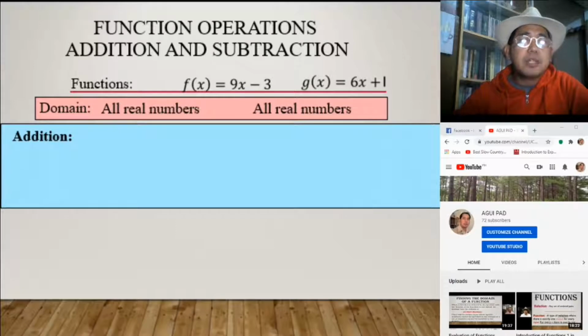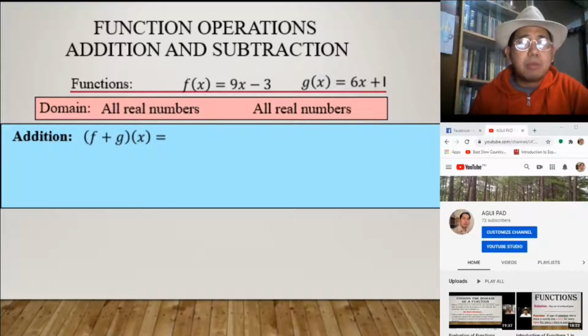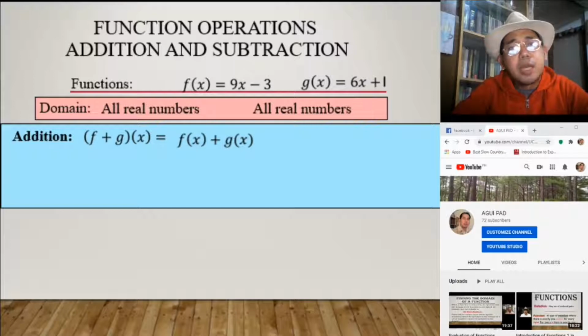So we have in here the addition of the function. When we are going to add two functions, we have to remember this notation. It says in here, f function plus g function. So what would be the result? It will give you a result of f of x plus g of x. Meaning, the definition of f of x must be added with the definition of g of x.